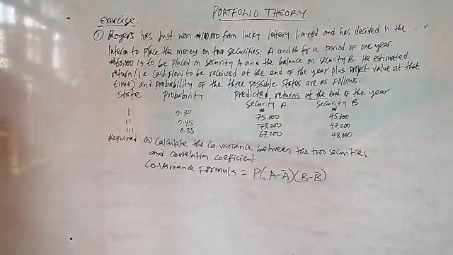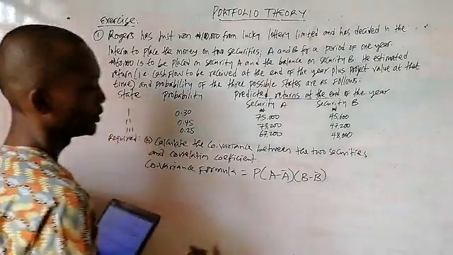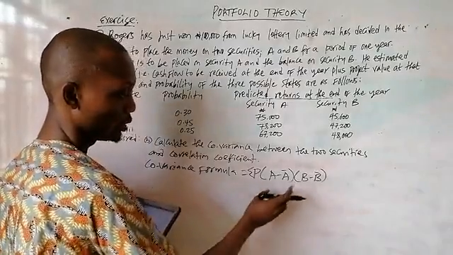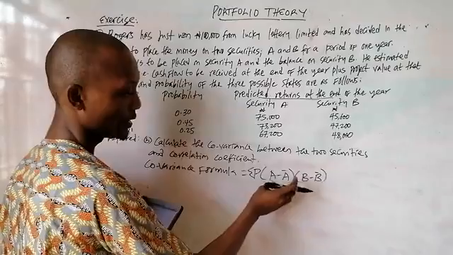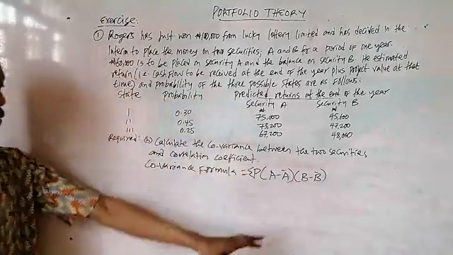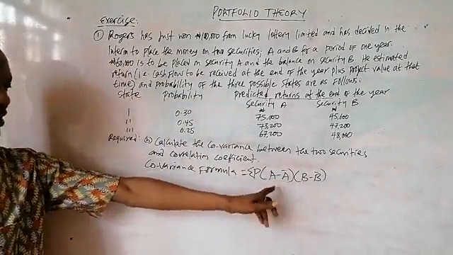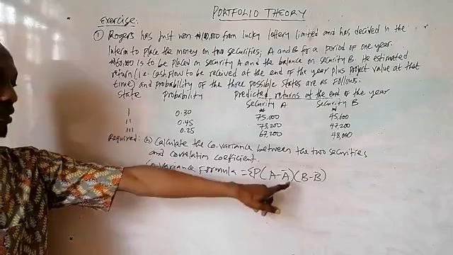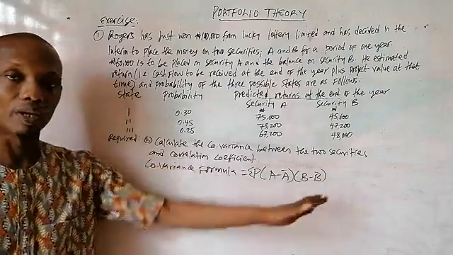At the end of the day, you sum it up. Before we go ahead to compute our covariance, we computed A minus A bar for security A, and B minus B bar for security B.